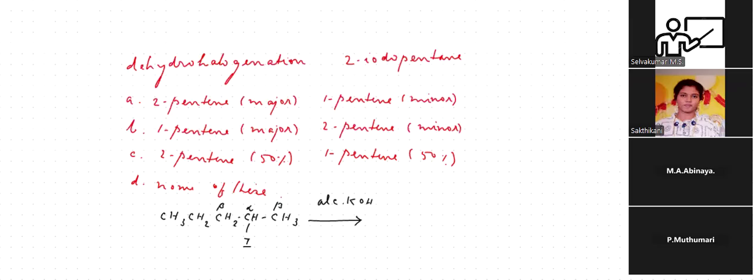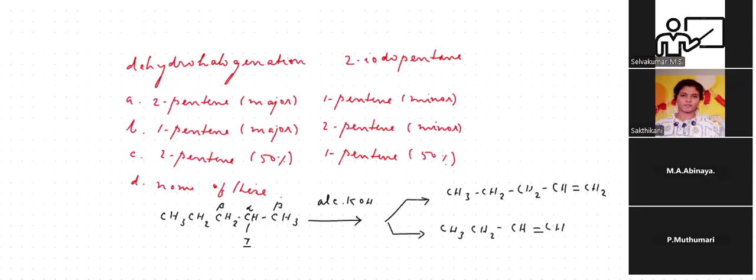If the terminal beta elimination takes place, the product formed will be CH3CH2CH2CH=CH2. If this beta hydrogen is lost, it will be CH3CH2CH=CH-CH3.